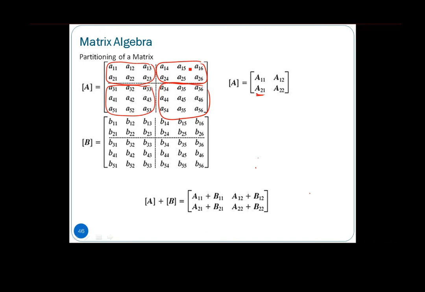Then you can add them up: A11 plus B11, A12 plus B12, A13 plus B13, A21 plus B21, A22 plus B22, A23 plus B23.